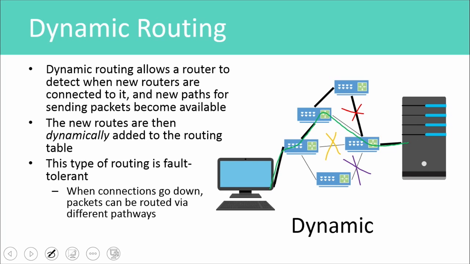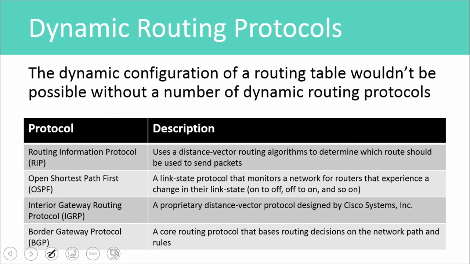So dynamic routing, super helpful, always aware of the best place for us to send our data when we're moving from router to router. It ensures efficiency, fault tolerance, and just effectiveness of the internet as a whole. The dynamic configuration of a routing table isn't possible without protocols.